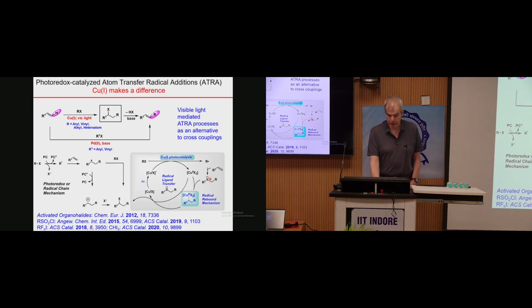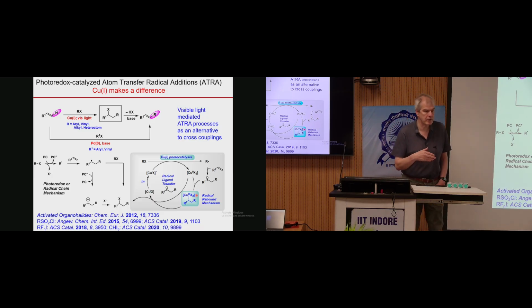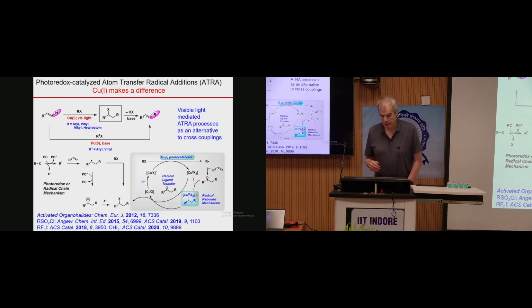The alternative is that this radical could directly abstract the X group from the copper complex, and that's also very efficient. So either it interacts with the metal, or it can interact with the ligand and form this. And this type of mechanism seems to be superior to mechanisms where you would just have a photocatalyst which cannot interact with the substrate.